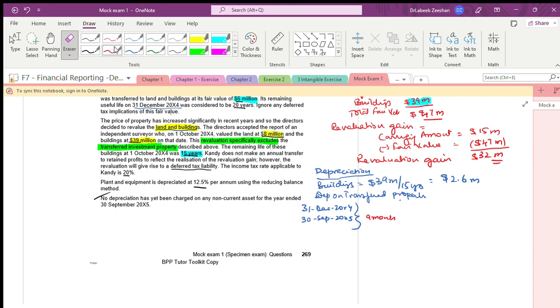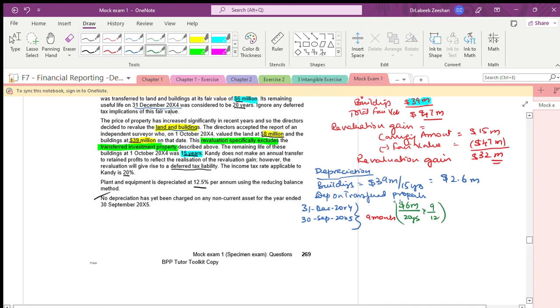That means it is 6 million divided by 20 years into 9 divided by 12. How much will we get? 0.225. This is the total depreciation.